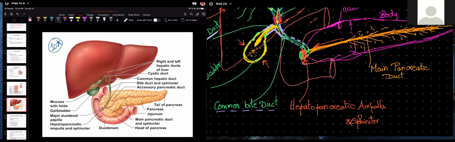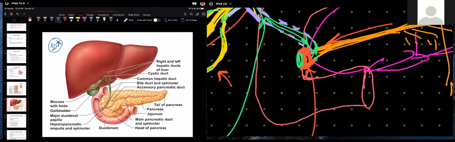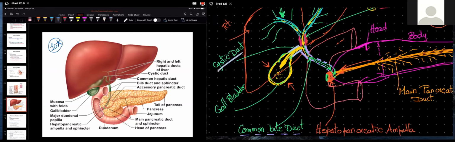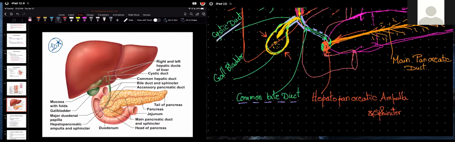So what do we see here? We see this enlarged part, an enlarged tube that receives secretions from both the main pancreatic duct and the common bile duct. We call this my hepatopancreatic ampulla. Why did we call it hepatopancreatic ampulla? Because remember, I'm receiving secretions from the liver and from the pancreas.